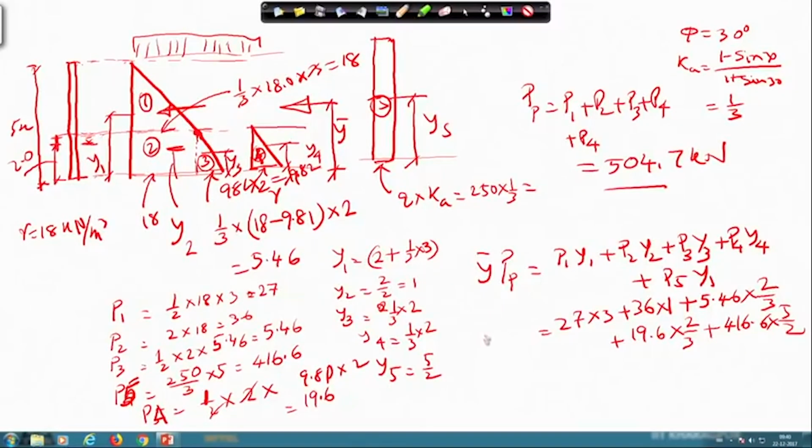If I put this here, then I get y bar equal to 2.328 meter.